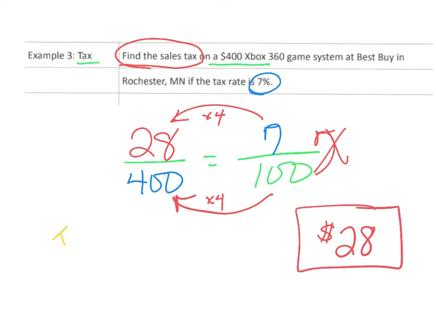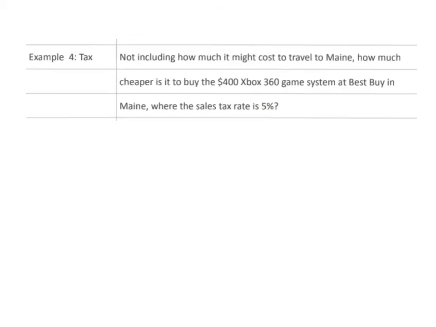Now, if they asked for the total price, or what you would pay for it, then you would do 400 plus 28 to get 428. But they did not ask us this. They just asked for the sales tax. But here's where you have to make sure you know what you are finding so you know how many steps you are doing.